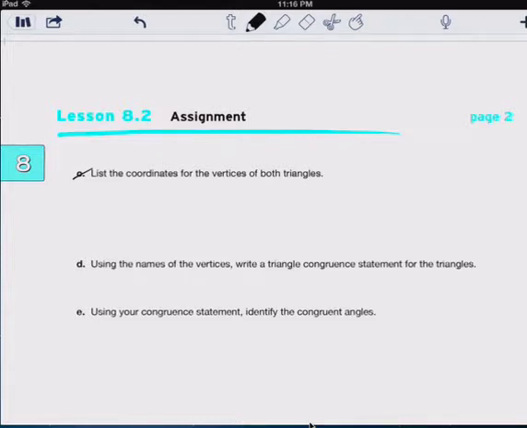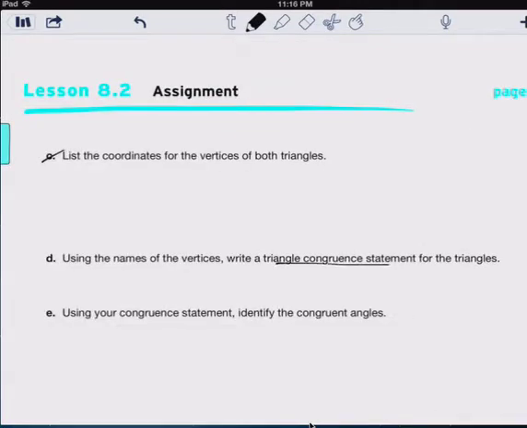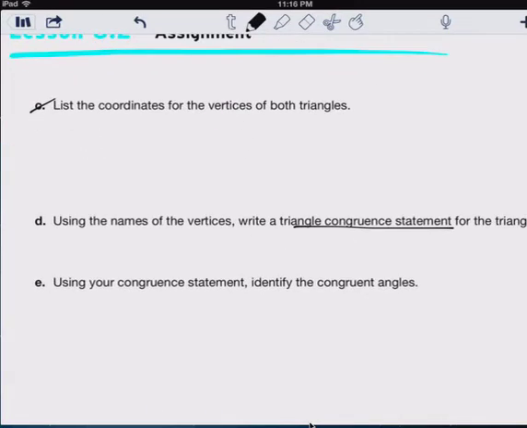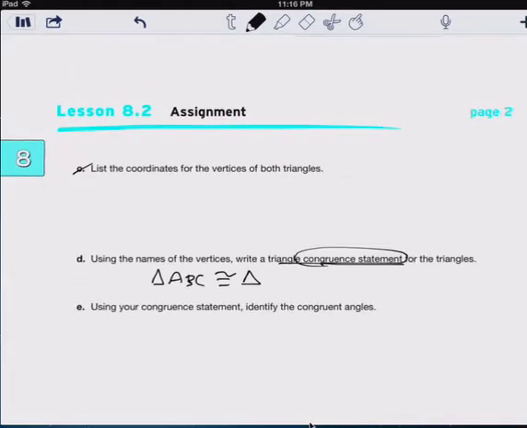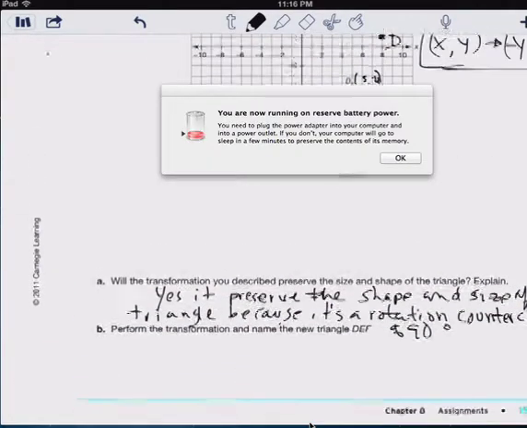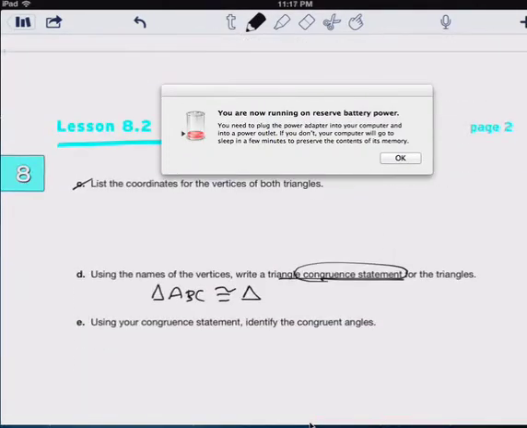Use the vertices, write the triangle congruent statement. Okay, you're just saying this is a congruency statement. Triangle ABC is congruent to triangle DEF. This is how you write it when two triangles are congruent.